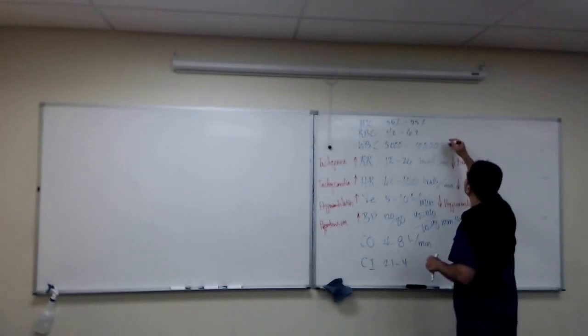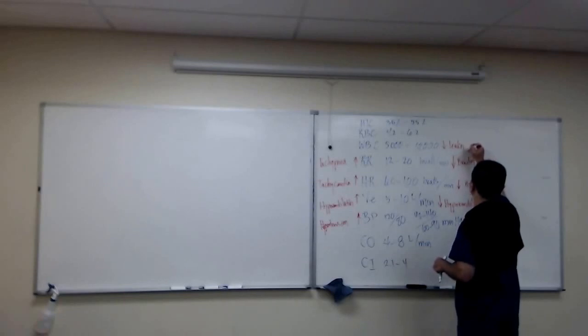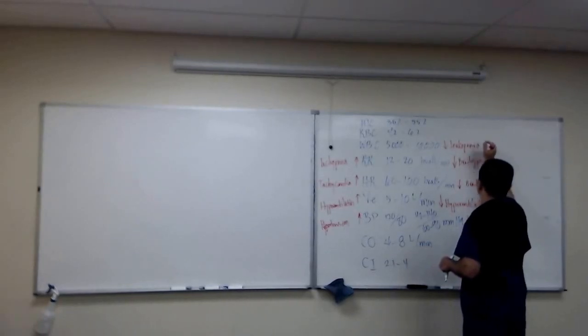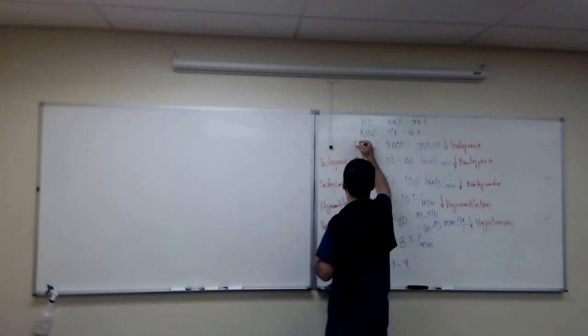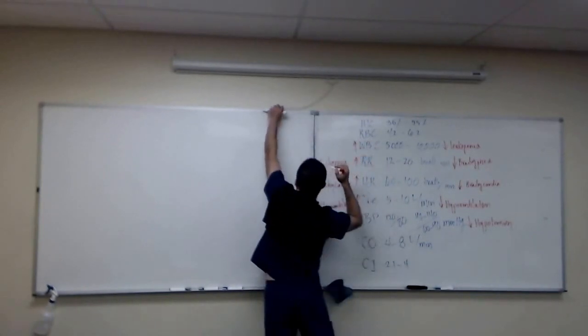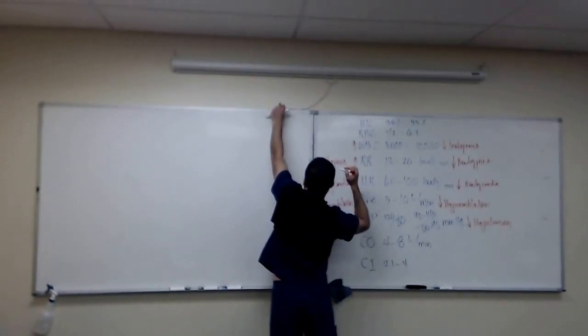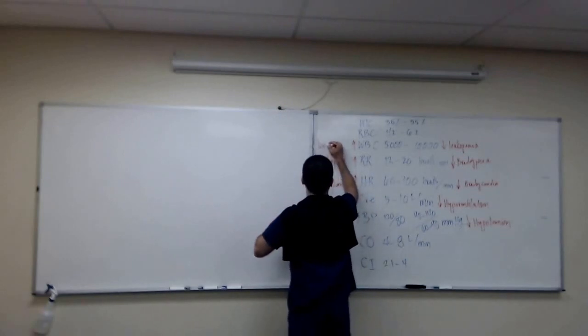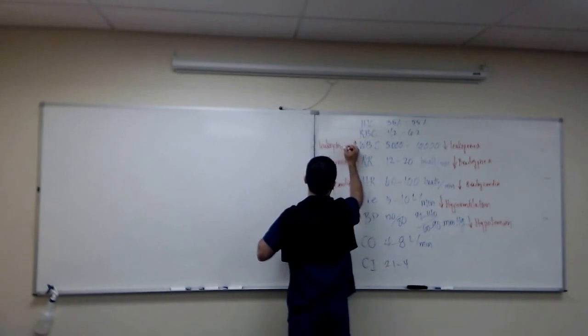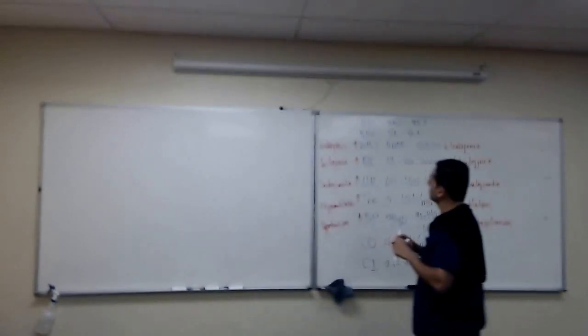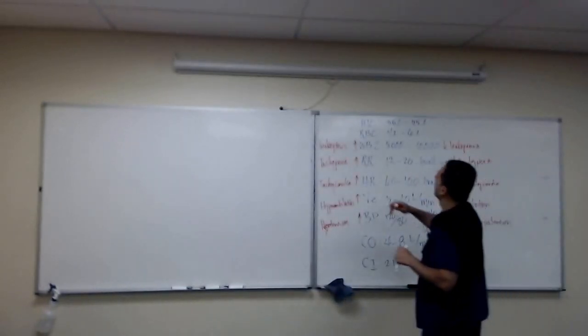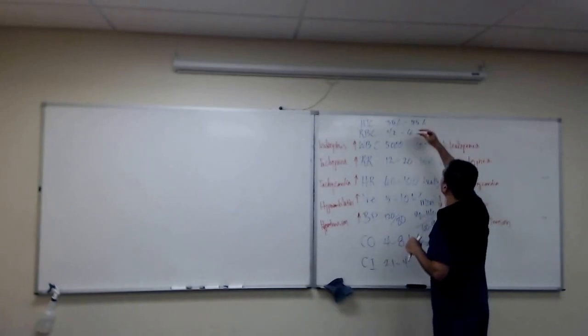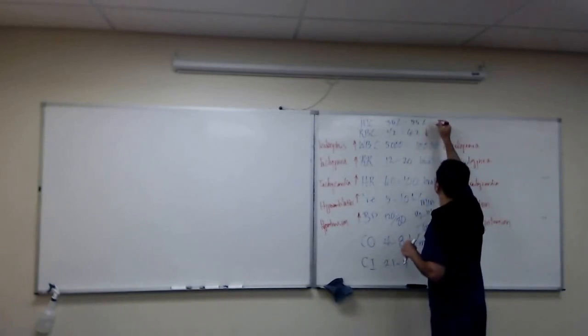When white blood cell is down, what do you call it? Leukopenia. When it is high, what do you call it? Leukocytosis, right? When red blood cell is down, automatically hematocrit is going to be down.